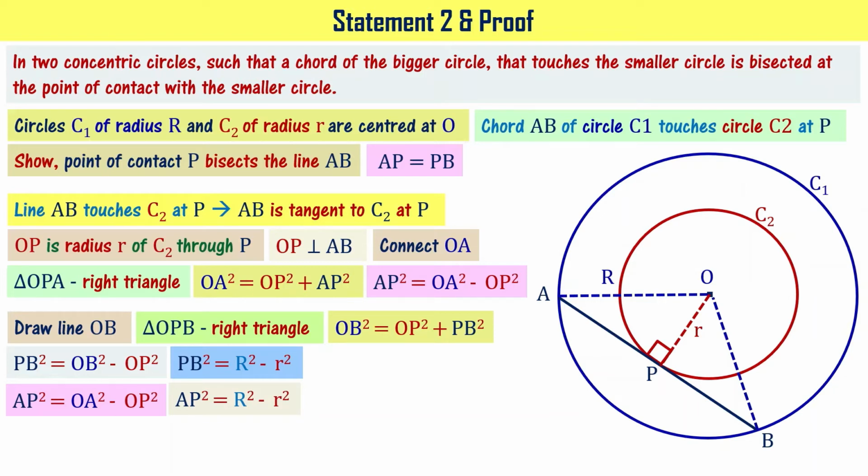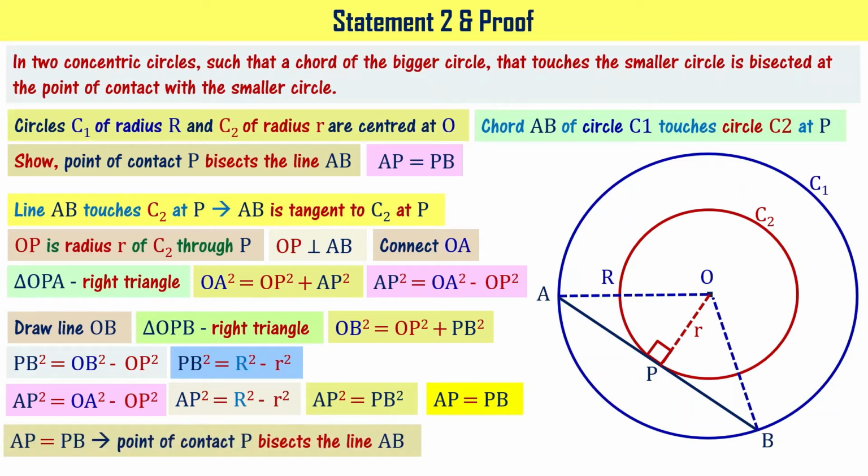It means now I can equate the left hand side terms and say that PB square equal to AP square. If I take square root on both the sides, then I can write it as AP equal to PB, right? This is what we wanted to prove, to show that point of contact P bisects the line AB, right? I hope you understood this.